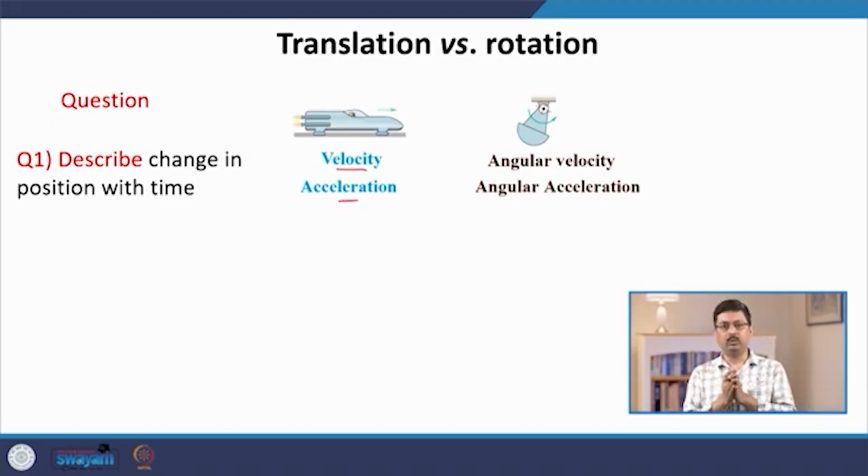Now, for the rotation, instead of displacement, we monitor the angular change, the change in angle, and the rate of change of the angle, which is given by the angular velocity, and similarly angular acceleration.